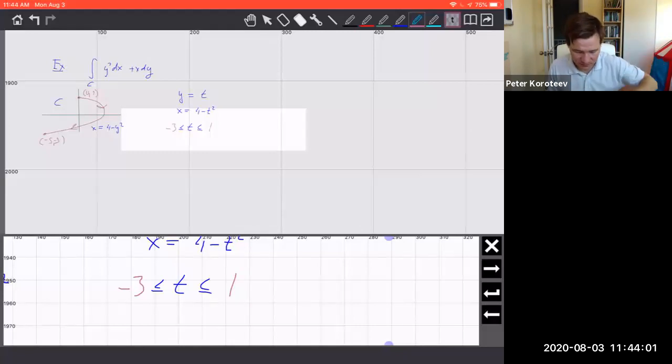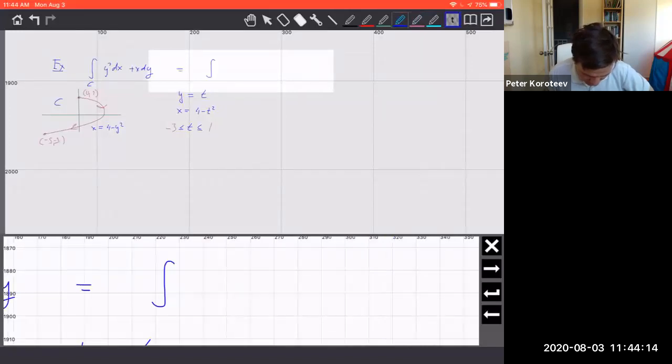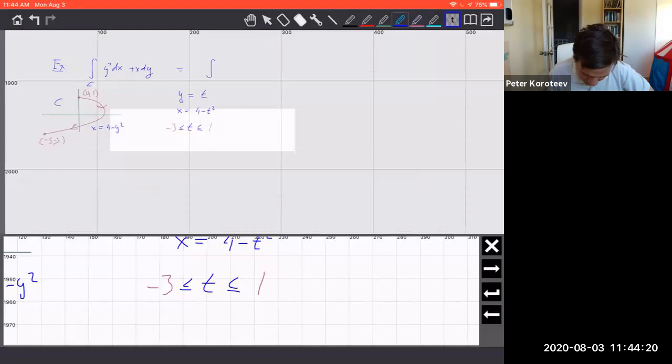So therefore we have to multiply by a minus sign, or we can just reflect it in the direction. This will be A, and this is B.